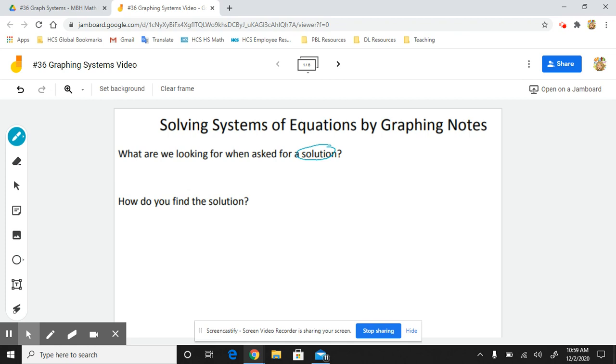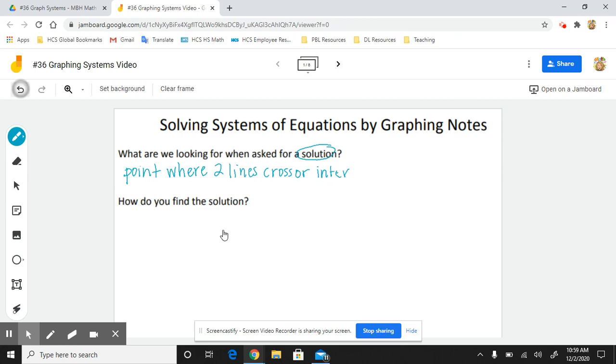So when we're looking for a solution, we are finding the point where the two lines cross or intersect.